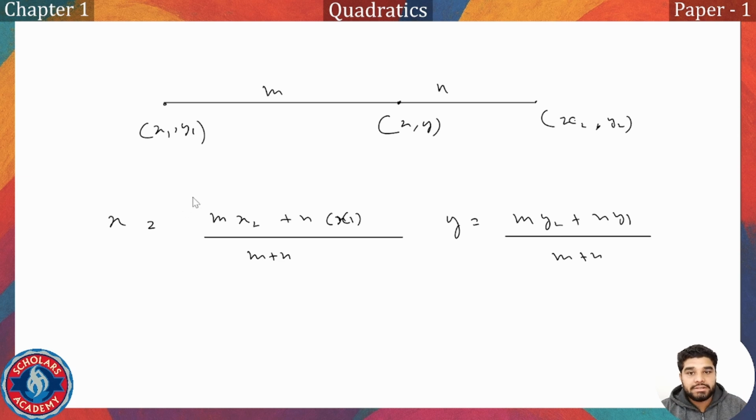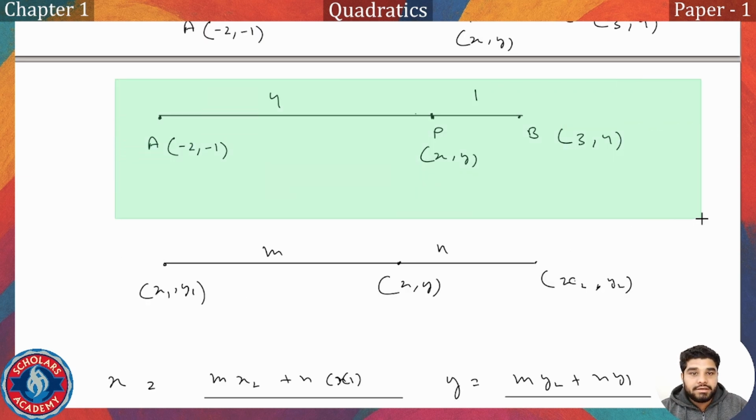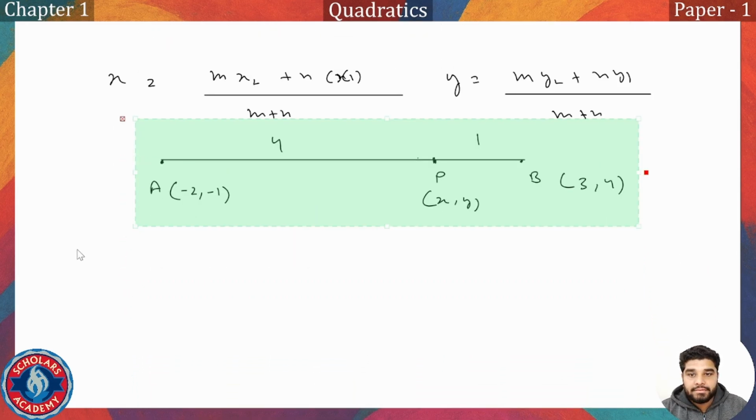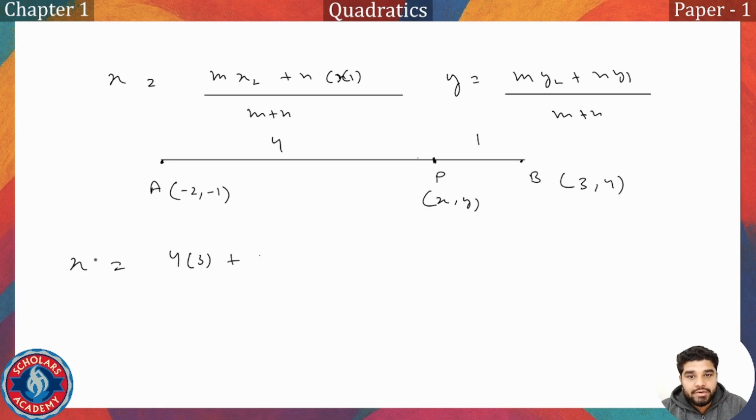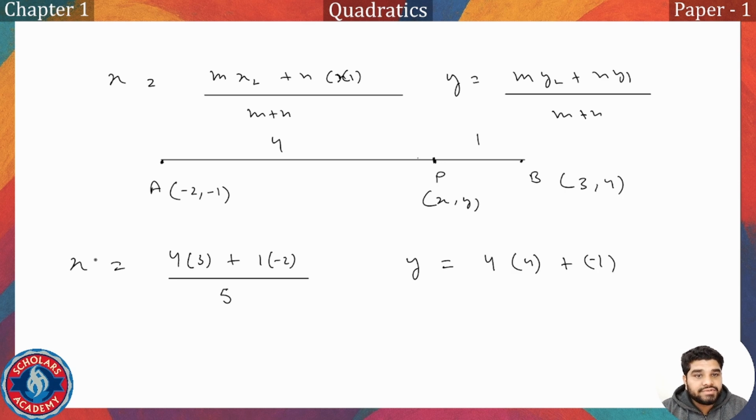So if I use this formula over here, I'll get x equal to m, which is 4, times 3, plus 1 times -2, by 4 plus 1, which is 5, and y is equal to 4 times 4 plus 1 times -1, divided by 5.